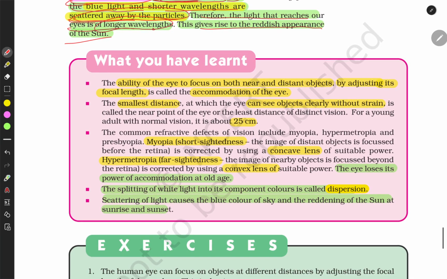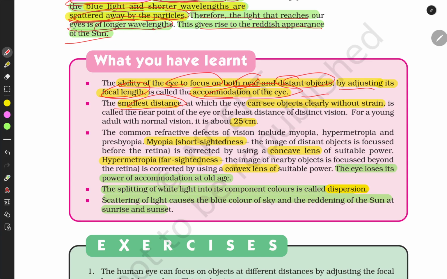Let's quickly revise this chapter. The ability of the eye to focus on both near and distant objects by adjusting its focal length with the help of ciliary muscles is called accommodation of the eye.